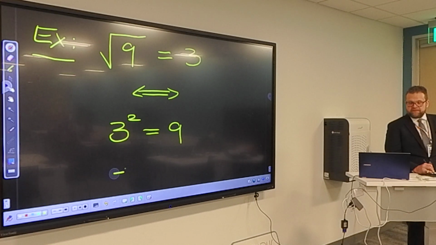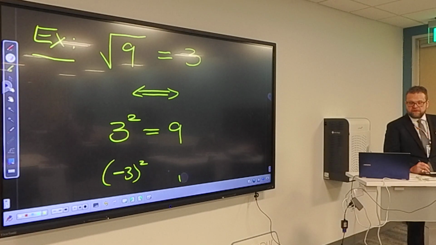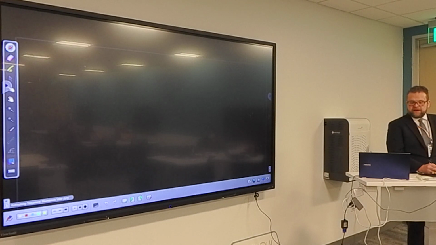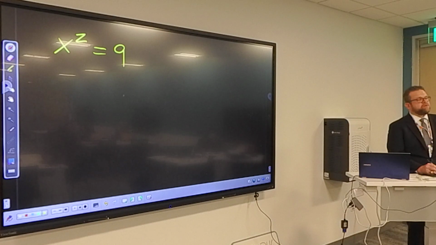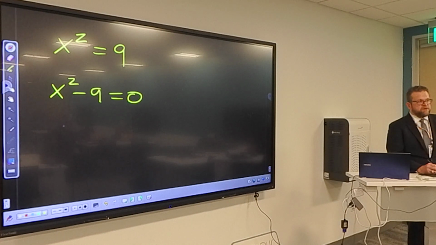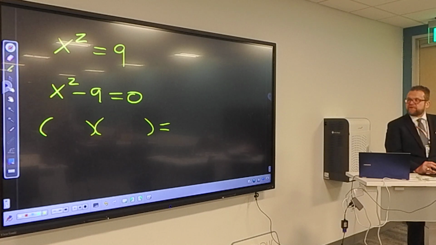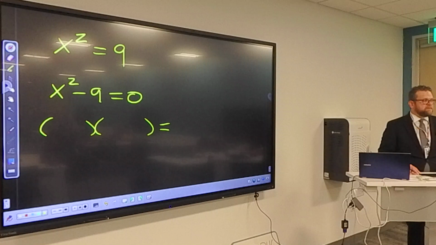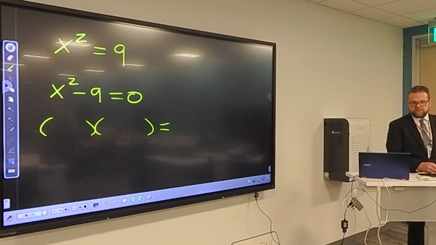It is true that minus 3 squared is 9. Yeah, that's true. Just like it's true that if I started off with the statement x squared equals 9 and rearranged it to say x squared minus 9 is 0, and then factor this, I can factor it because x squared minus 9 is a difference of two squares.